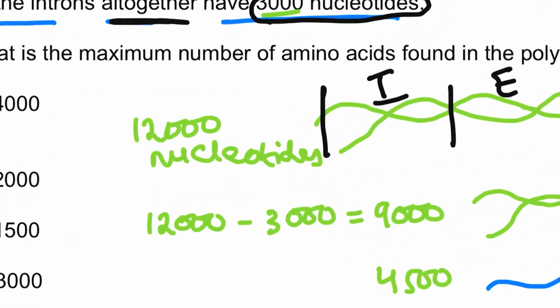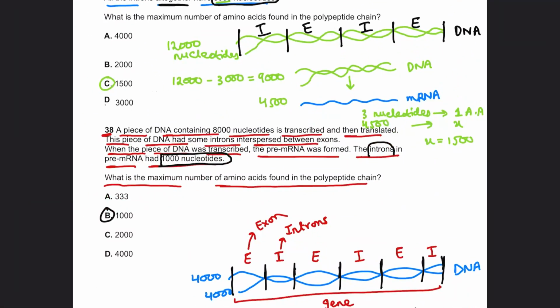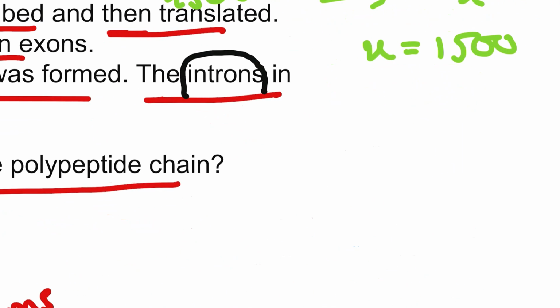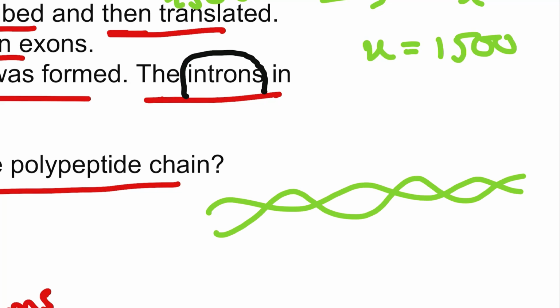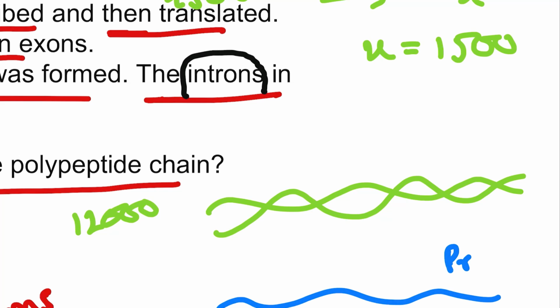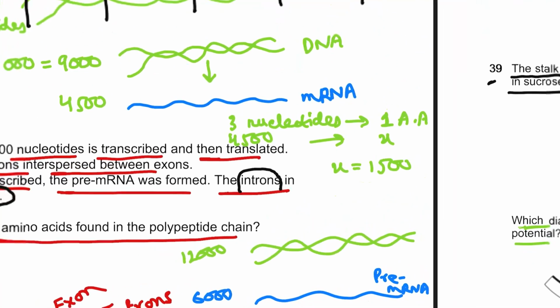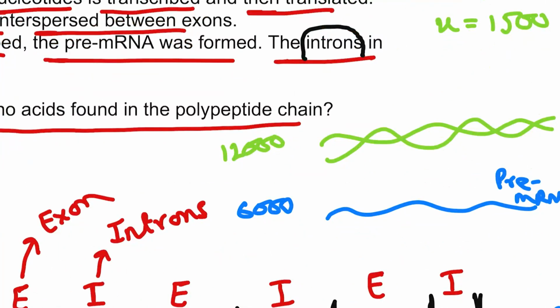If we go by this method, for example, the DNA had 12,000 nucleotides. And when the pre-mRNA is formed, it has 6,000. And out of all these nucleotides, 1500 will be introns. So the remaining will be 4500.